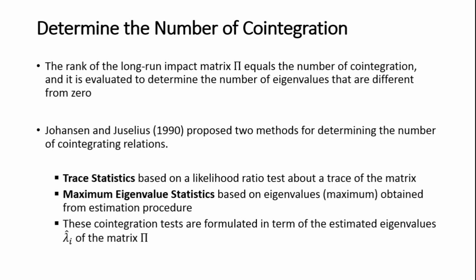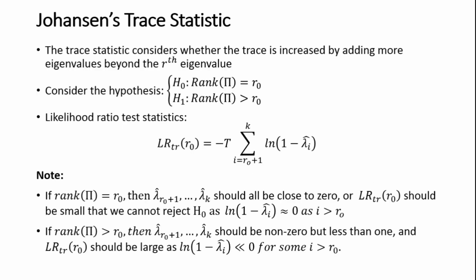We have the trace statistic, based on likelihood ratio tests about the trace of the matrix. We have the maximum eigenvalue statistic, based on the maximum eigenvalue obtained from the estimation procedure. These cointegration tests are formulated in terms of the estimated eigenvalues lambda of the matrix Π.